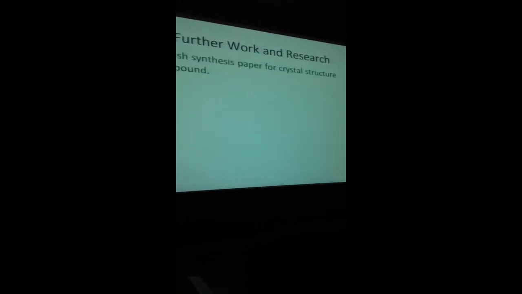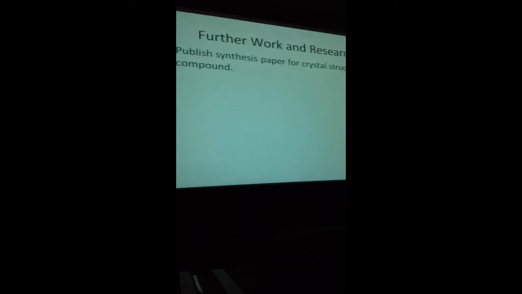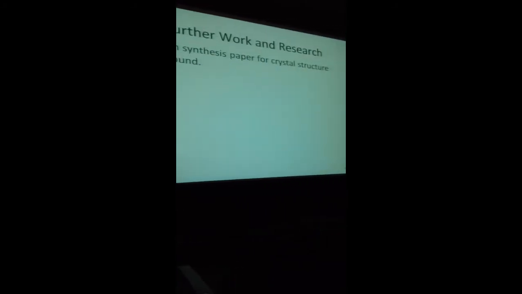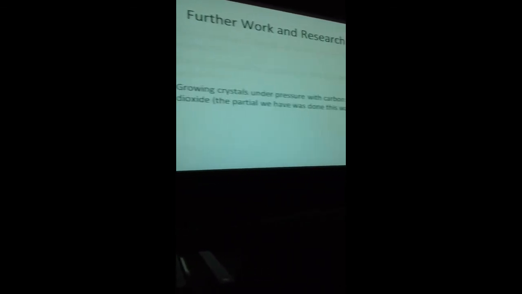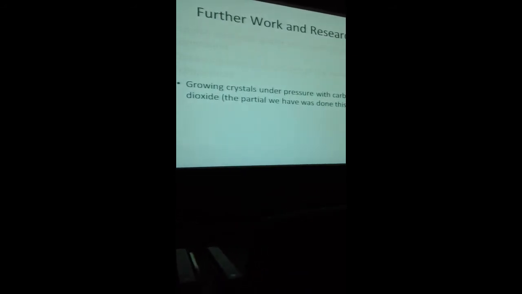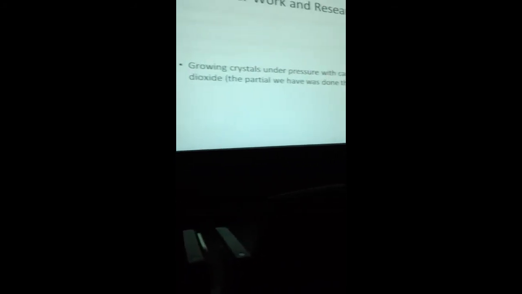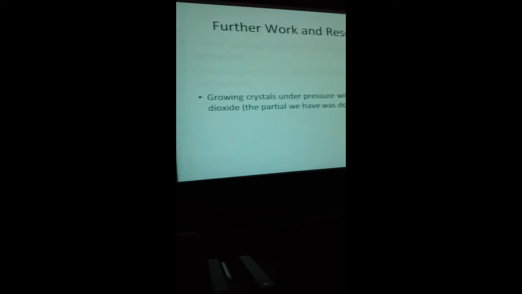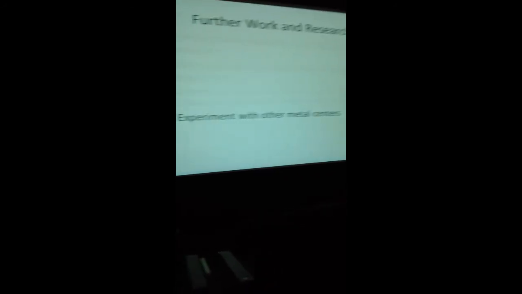Further work and research includes, for me, publishing a paper with the crystal structure I have. I'm expecting more crystal structures because we delivered some to UVA, and we're just waiting for them. So obtaining the rest of the crystal structures and growing some of these crystals under carbon dioxide. And that's important because if we grow them under carbon dioxide and they have carbon dioxide in the crystal structure, we can see exactly how it's binding and what interactions are going on there.